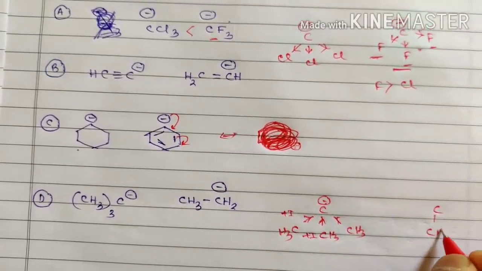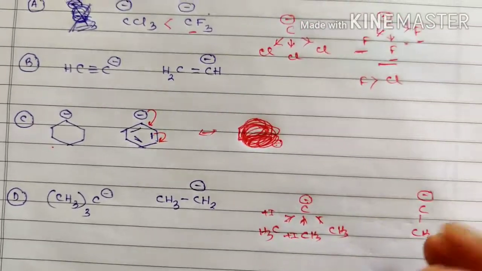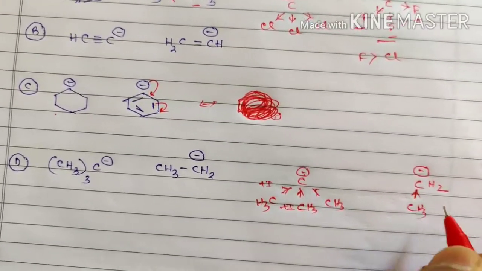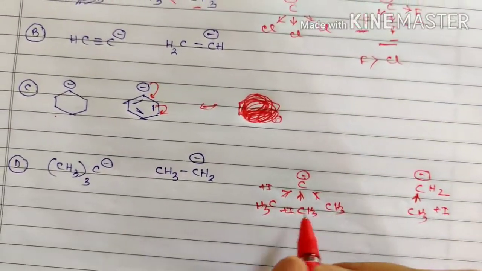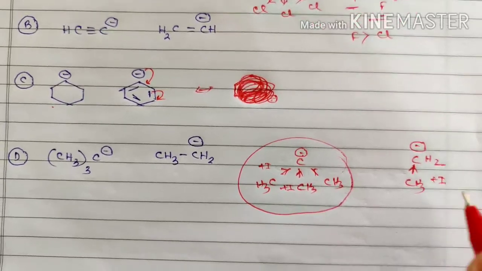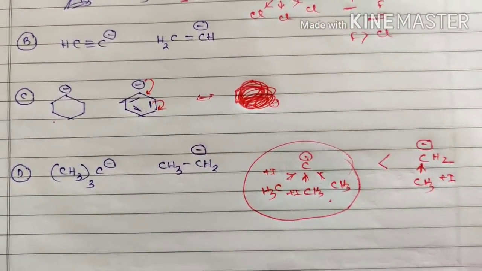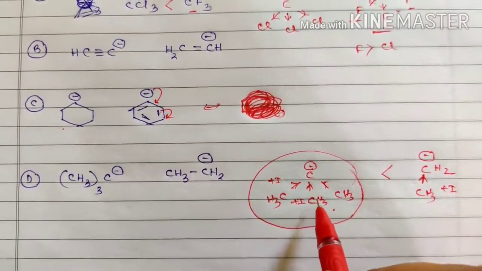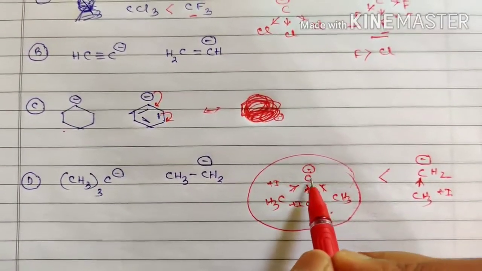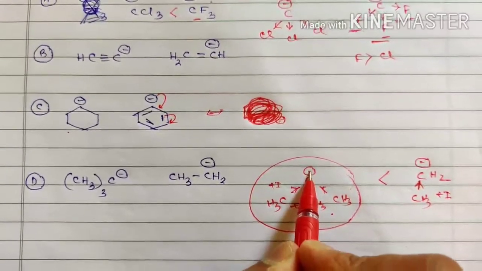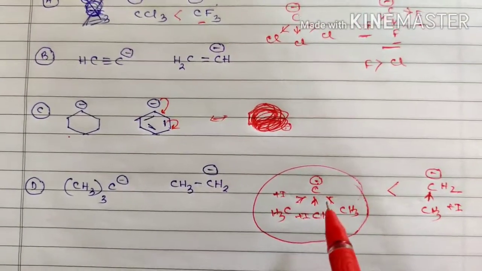And here there is only one CH3 group adjacent to the CH2 minus, that means only one plus I effect. So obviously this one will not be more stable, this one will be more stable, because more negative charge will be going towards this carbon, the electron density will be more and the stability will be less.